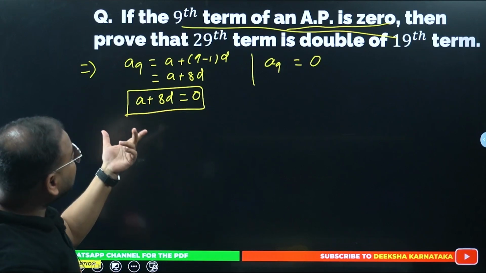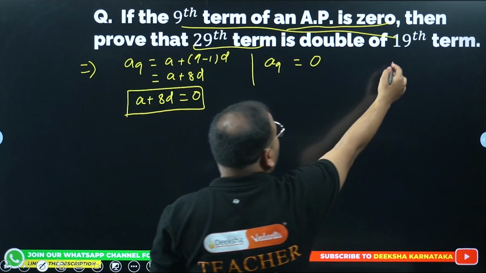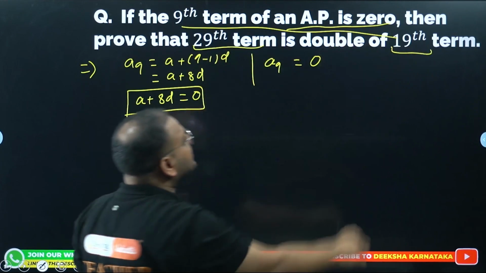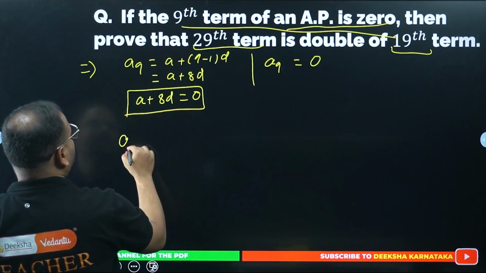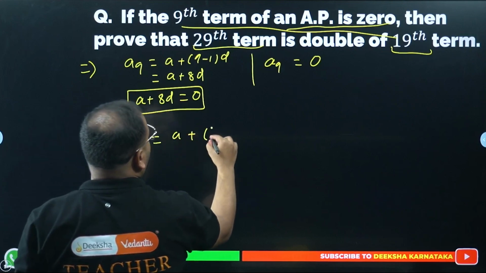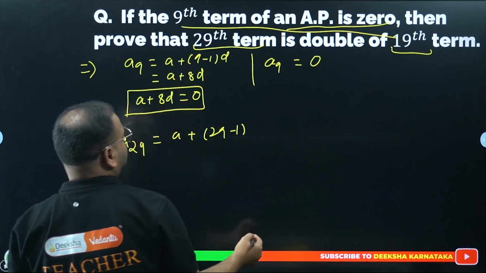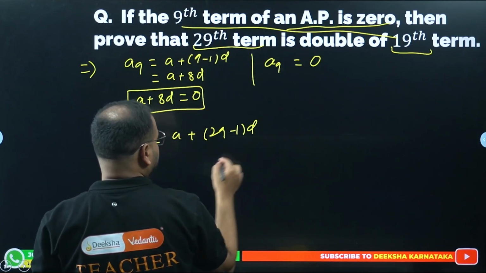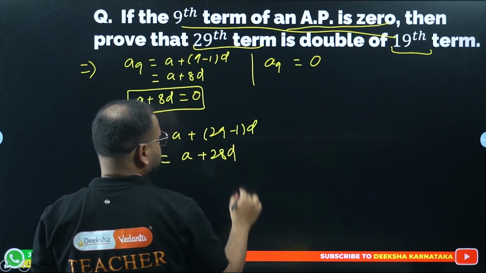Prove that the 29th term is double the 19th term. So we have to do something about the 29th term. Forget about double right now. Let's find the 29th and 19th term. A29 will be A plus (29 minus 1) multiplied with d. Sorry, A plus 28d.